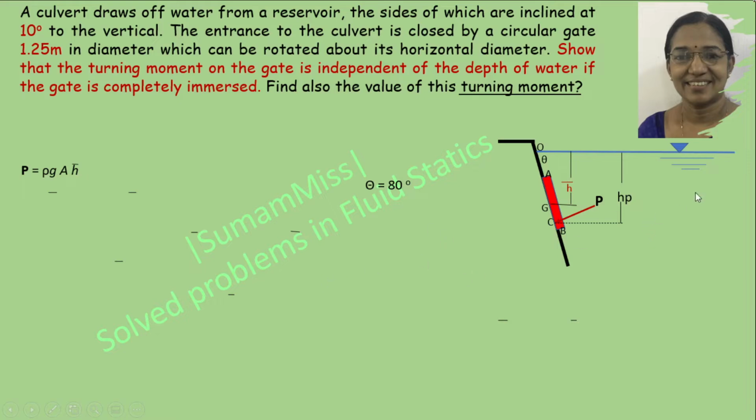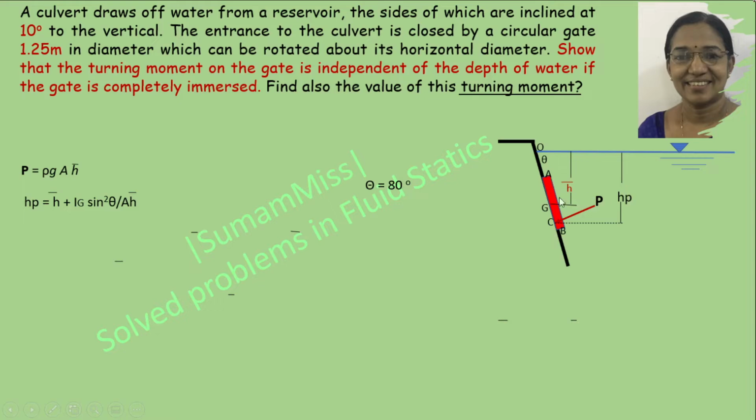Rho g represents the specific weight of water, A is the area of this plate, and h bar is the position of the center of gravity of this plate with respect to the free surface. The center of pressure can be calculated as hp equal to h bar plus Ig sine square theta divided by A h bar. Ig represents the moment of inertia of the circular gate.